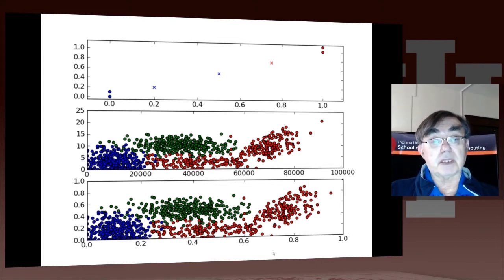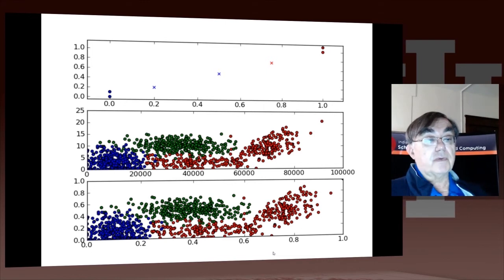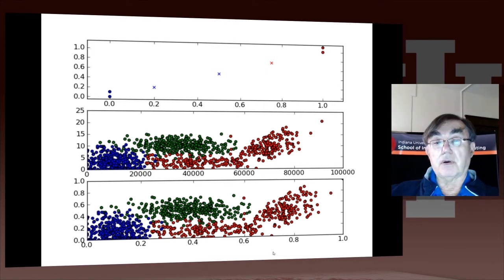Now the bottom 2 plots are essentially the same plot with minor scale changes as plotted, although the actual values of the axes are drastically different. On the graph at the bottom, the axes run from 0 to 1 in the X and Y directions. In the plot in the middle, they run from 0 to 25 for Y and 0 to 100,000 for X. That 100,000 is a big number because it's frequent flyer miles.